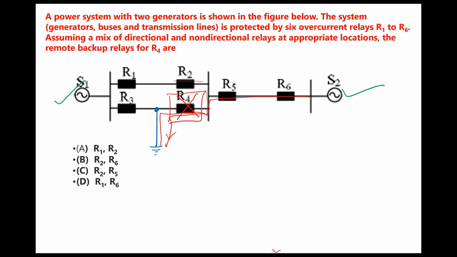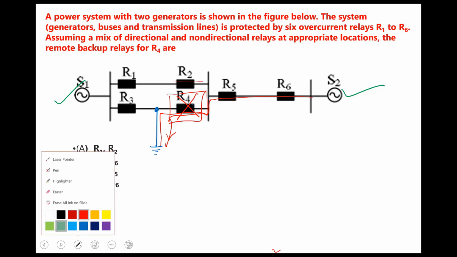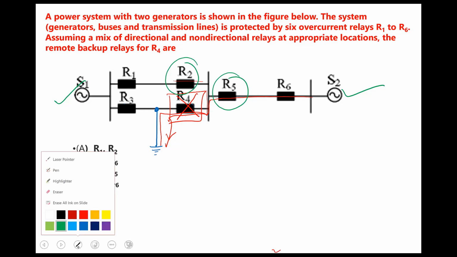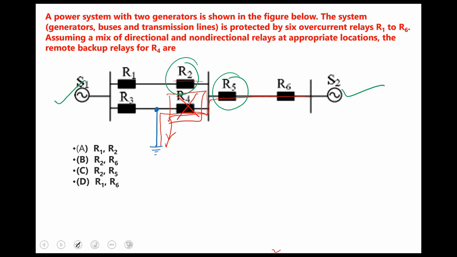So in this case, R2 and R5 offer the local backup. That means immediately this local backup is provided by R2 and R5 for the R4 relay. The remote backup is provided by R1 and R6.